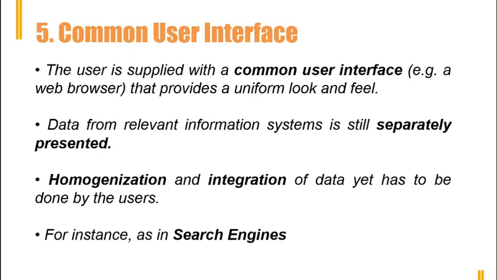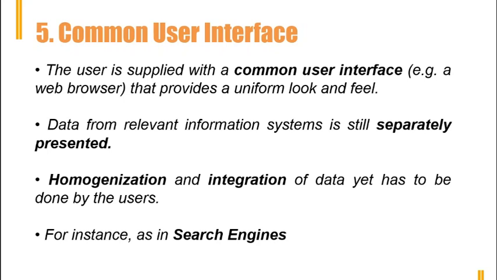Level 5 is the common user interface. In this case the user is supplied with a common user interface like a web browser or a mobile interface that provides a uniform look and feel. So you look at your mobile phone and you see the app, how it looks. This is your user interface.